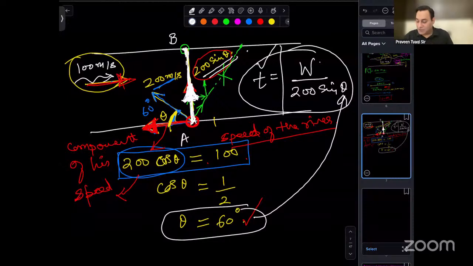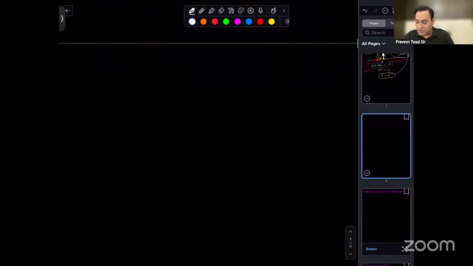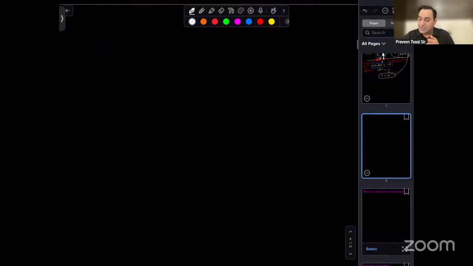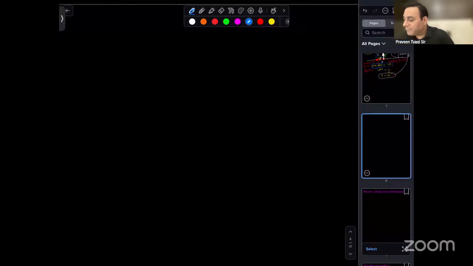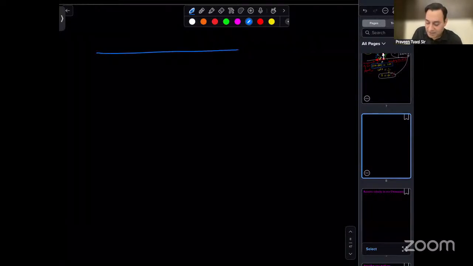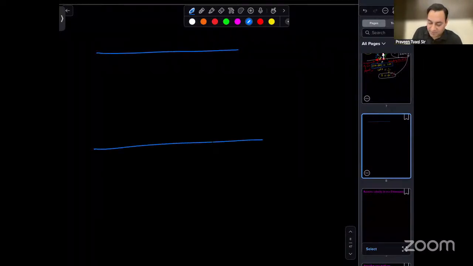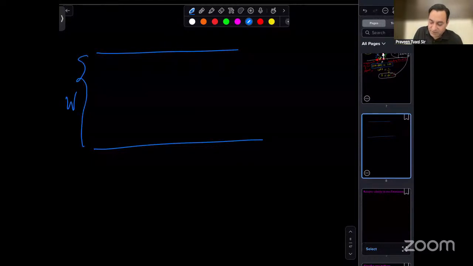Now, let's do another variation of the same thing, maybe this time you will understand, if by any chance in the previous case you have not understood it. Now, if the same river has a width of W, and the river is flowing, and the velocity of the river flow is 100 meters per second.